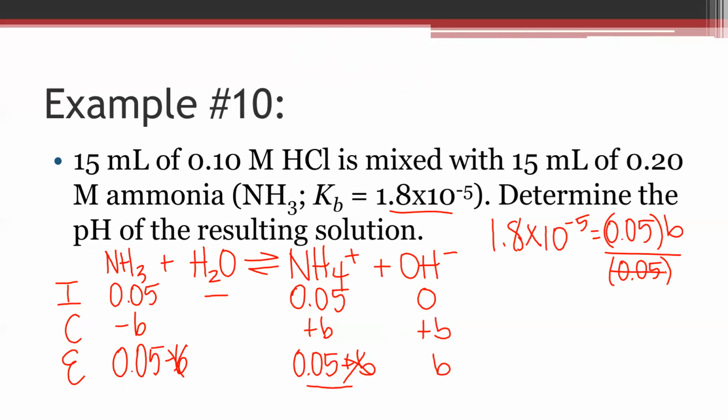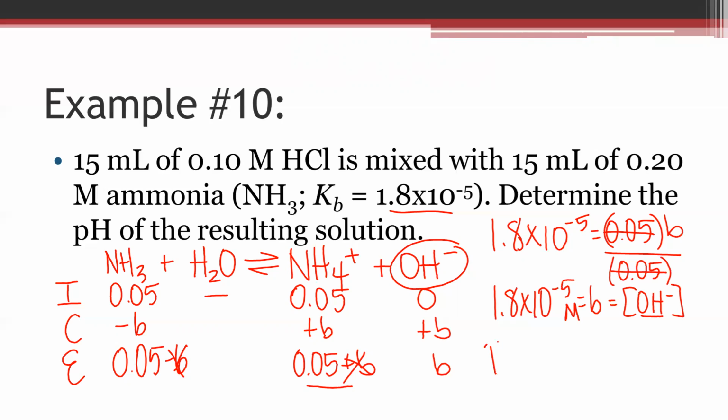So in this case, again, we get 1.8 times 10 to the negative 5 is equal to B. Now, this molarity is the hydroxide concentration. Okay, so if we take a negative log of this, we need to do that, but that's not going to be the answer. Taking the negative log of this answer will give us the pOH, not the pH, which is what we need. Okay, it's going to get us there though.